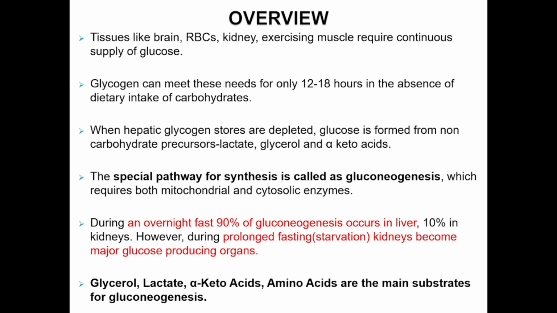And also amino acids and alpha keto acids in general. So what will happen? In fasting, the glucose will come from glycogen. If the fasting is prolonged more than 18 hours, then the body will start to produce glucose from non-carbohydrate sources: lactate, glycerol and amino acids.